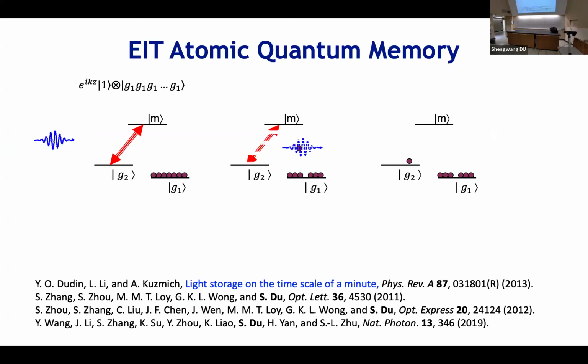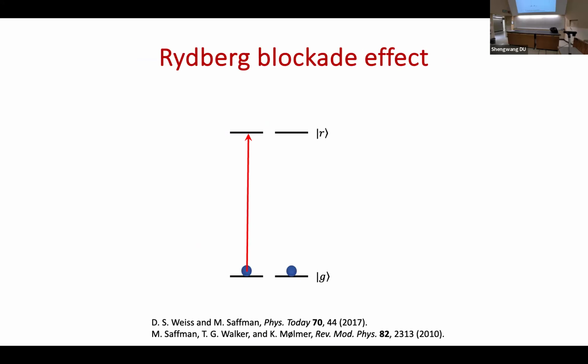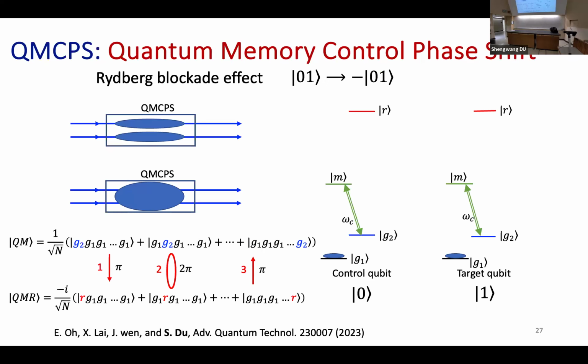That is called 0, 1. This is the control qubit, and there's no photon coming to the quantum memory I described before.